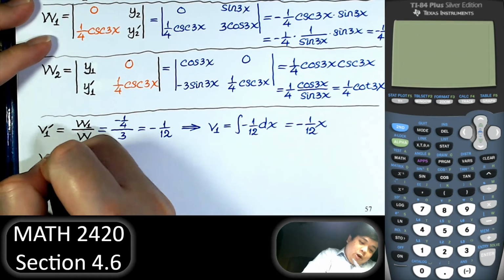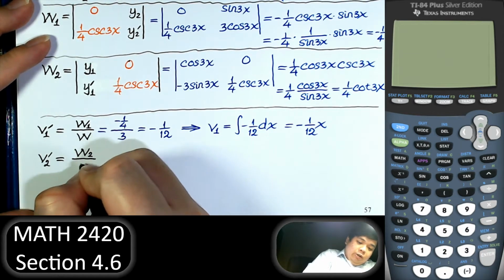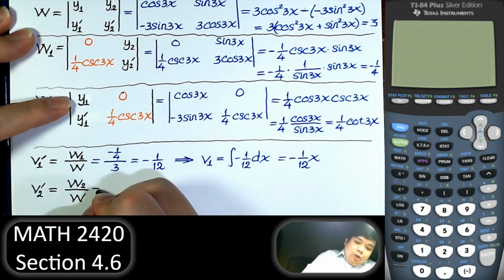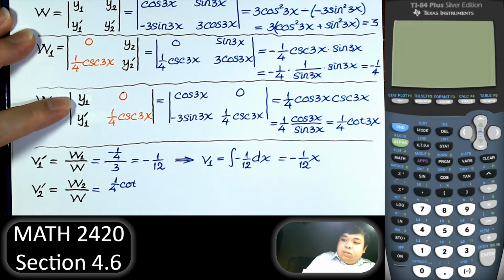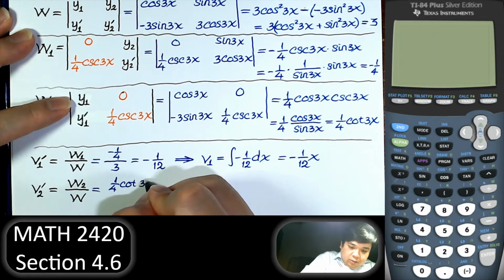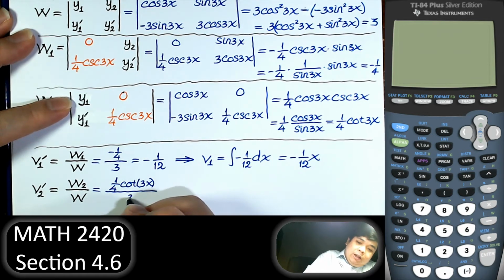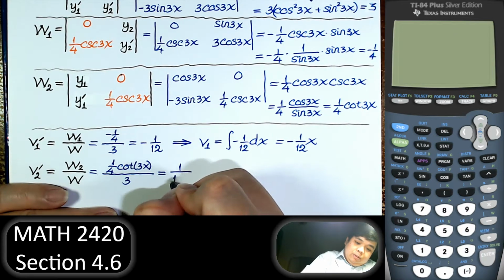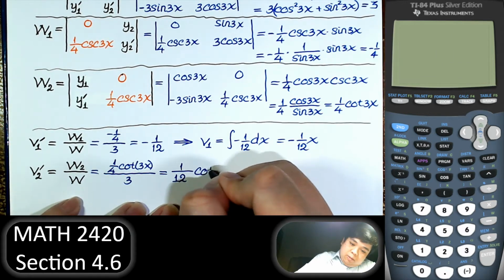Then V2 prime is equal to W2 over W. Right? W2 is that cotangent, over 3, which is W. And that gives us 1 over 12 cotangent of 3x.